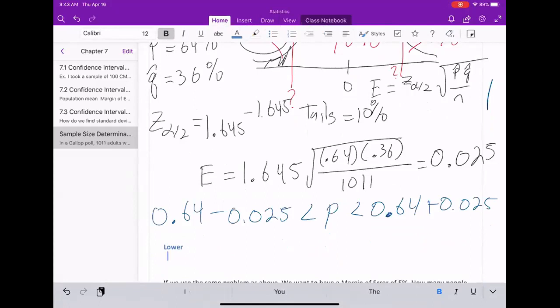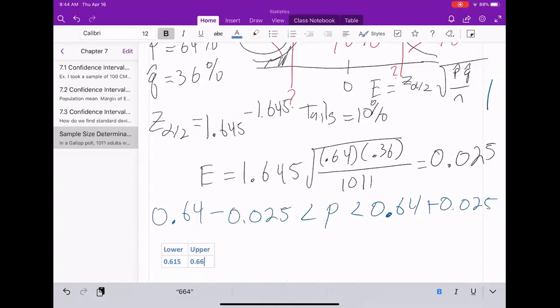So a lower of 0.615, and an upper of 0.665.